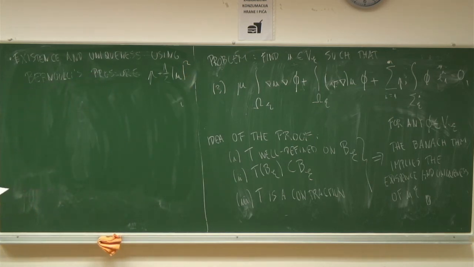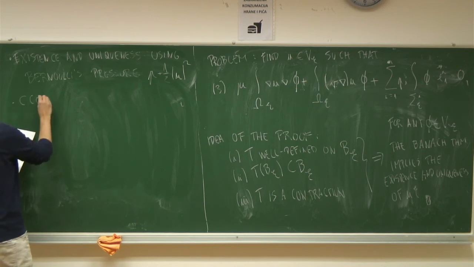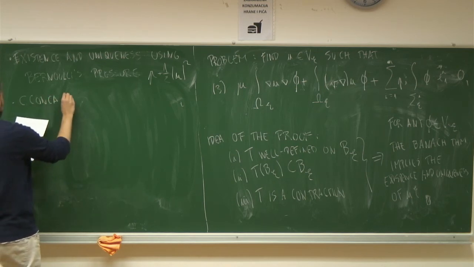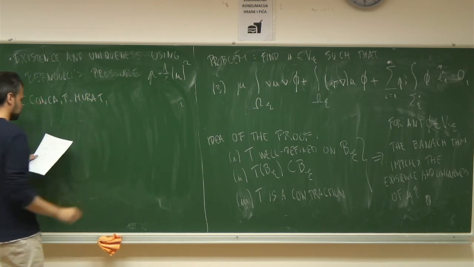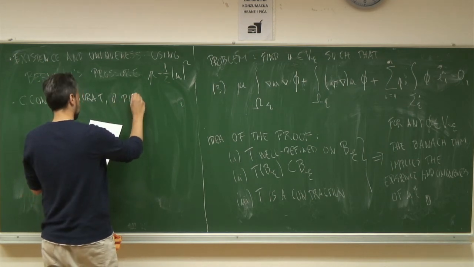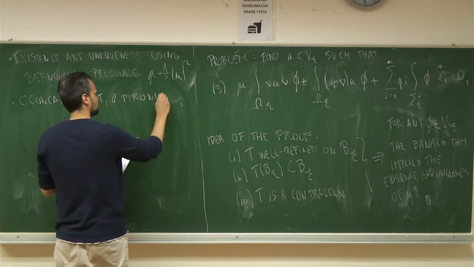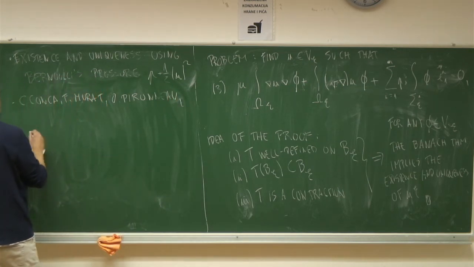So there are a couple of papers with this. One that is quite often cited, I'll write it down, just the authors: Conca, I guess it's called Mira, and Pirona. I think I mentioned this paper, but it doesn't hurt to mention it again.